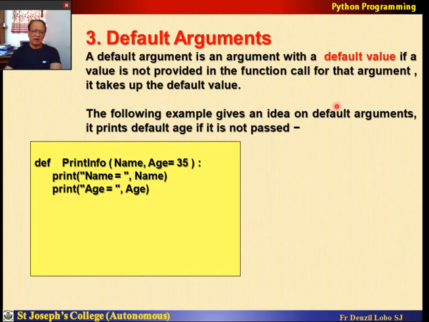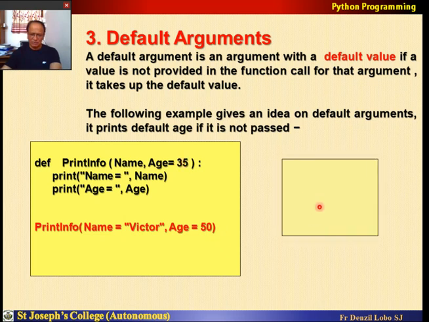Let us get into the third type of argument called the default arguments. As you see in this example, print_info(name, age), I have assigned 35 to age. So this is the default value. So let us see what happens. So then I say name and age. So for example, I say name is equal to Victor, age is equal to 50. Now when you give some other value, it overwrites the default value as you see here.